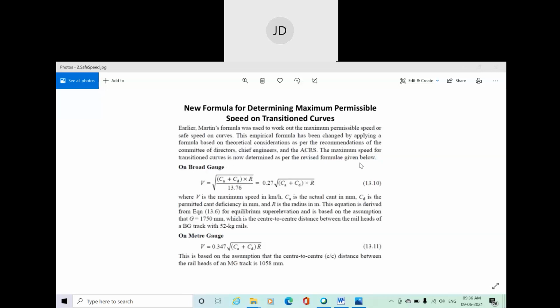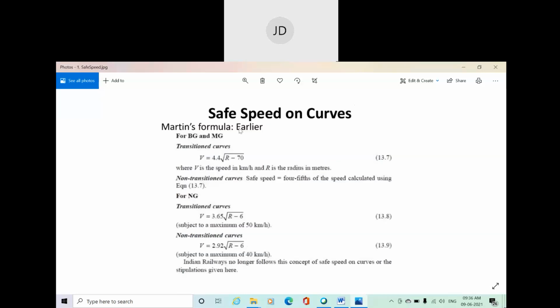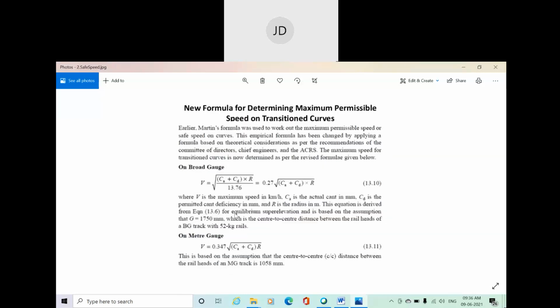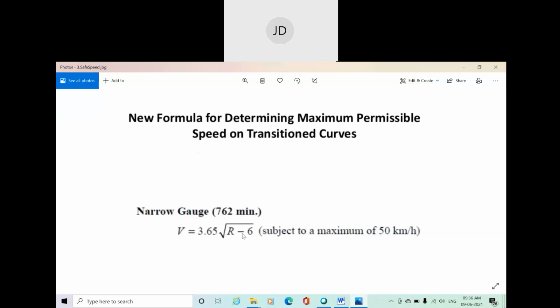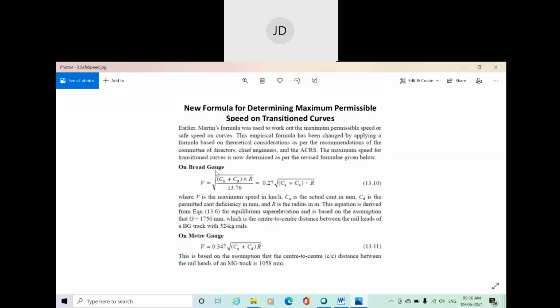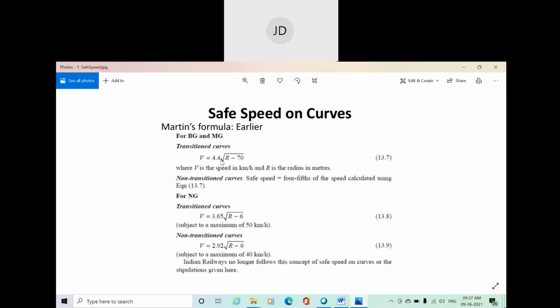So this Martin's formula has been revised, and a new formula has been proposed and adopted by the Indian Railway. Different formulas are given here for broad gauge, meter gauge, and narrow gauge. You can see, previously the safe speed of the train was related to the radius of the curve only.